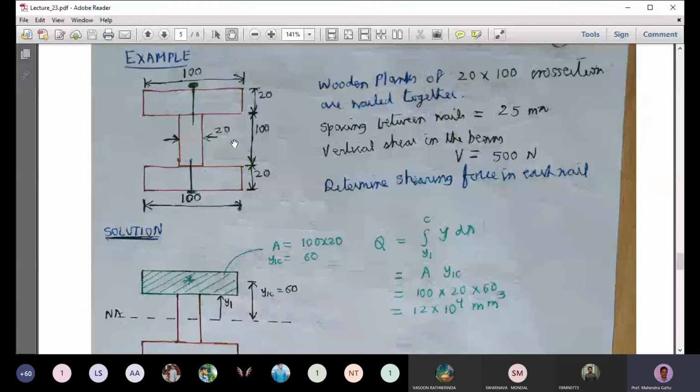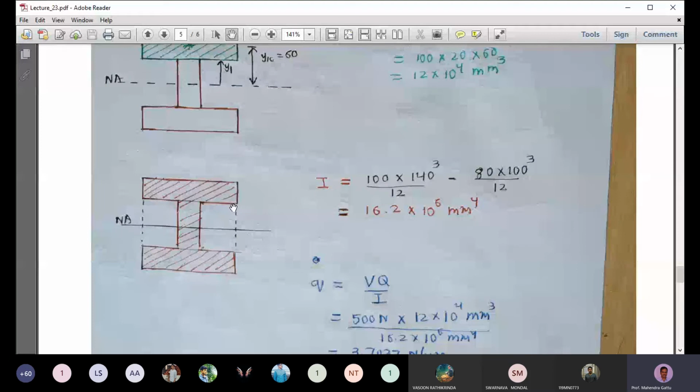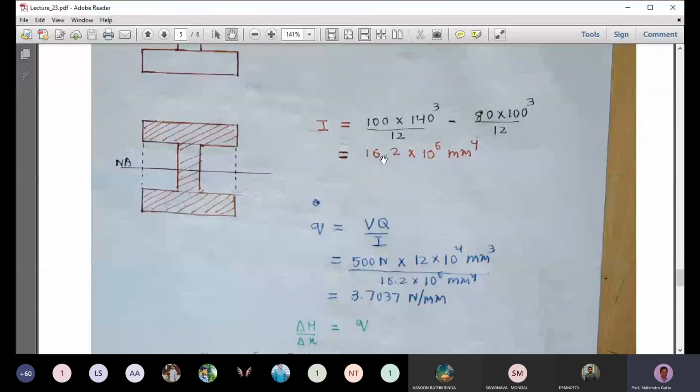So we subtract the moment of inertia contribution from these two rectangular areas. That is what we are doing here: 100 into 140 cube by 12, minus 80 into 100 cube by 12. So the total moment of inertia will be 16.2 into 10 power 6.